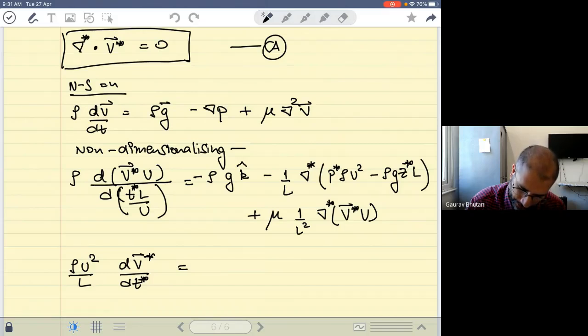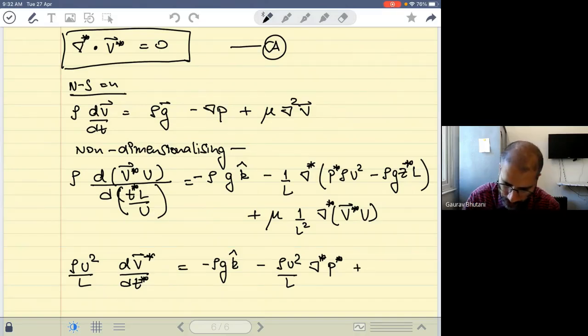On the right hand side, this minus rho g k hat stays as it is, and then I'll expand the two terms in the pressure terms bracket. So rho u square can be taken out, and then we have simply grad star p star. In the next term, which has a rho g z star L, I can now take rho g L outside.